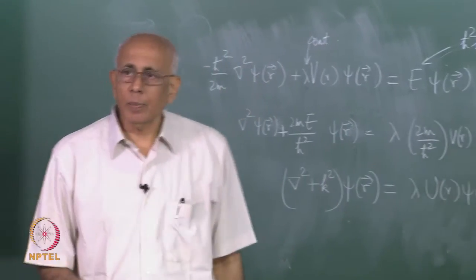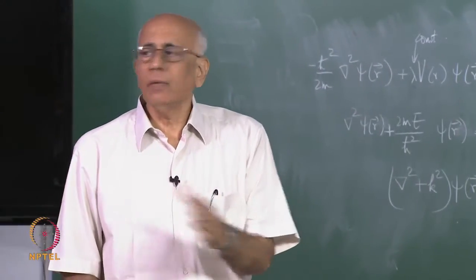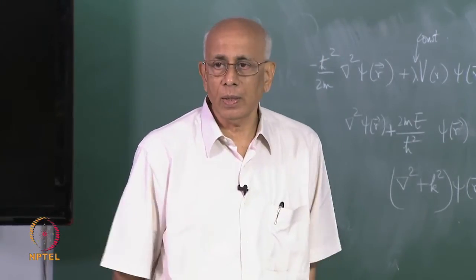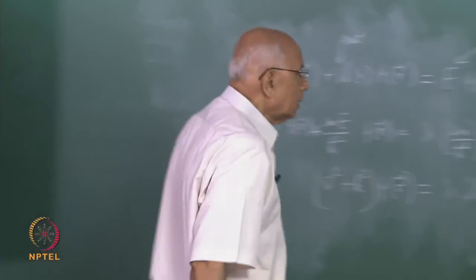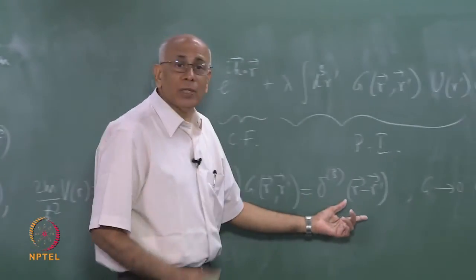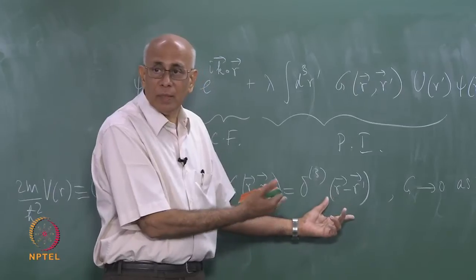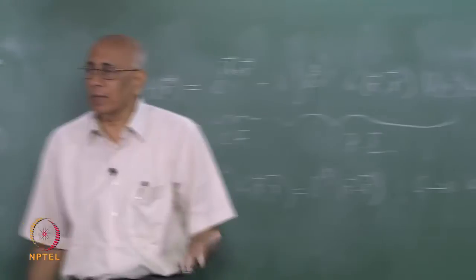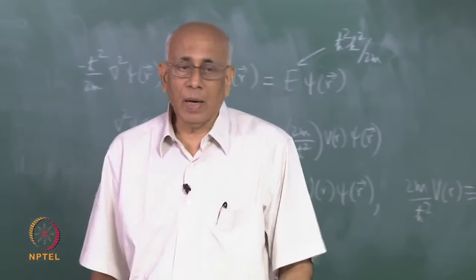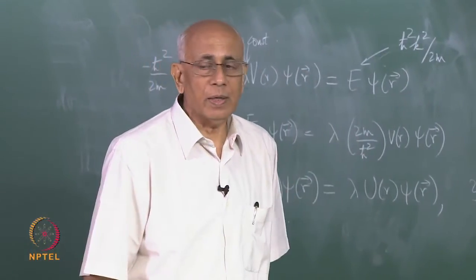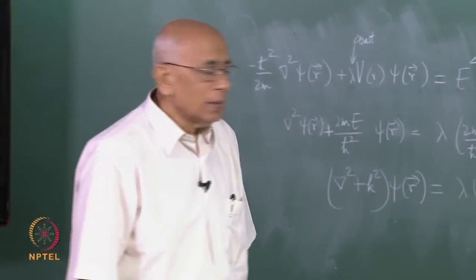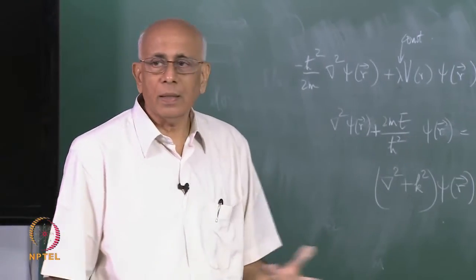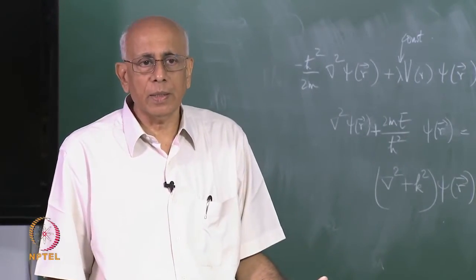Now this del squared operator is translation invariant. I can shift from r to r minus r prime, and the del squared with respect to r does not change. The delta function is translation invariant, it is a function of r minus r prime already. The boundary condition is translation invariant, it is a function of r minus r prime going to infinity, same as r minus any finite r prime going to infinity. So both the boundary condition as well as the right hand side are translation invariant, and the differential operator is translation invariant.